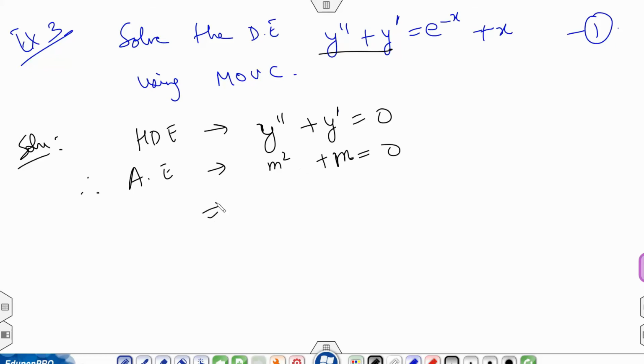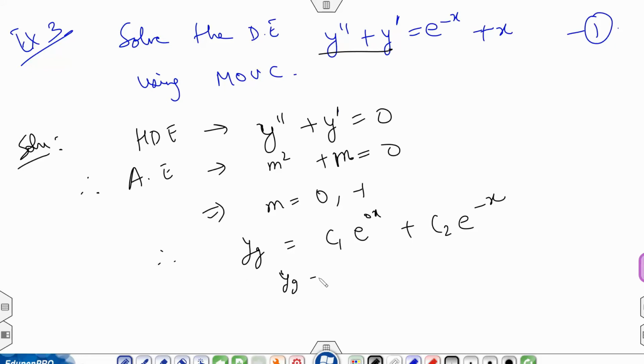This implies your m values are 0 and minus 1, and therefore the yg, that is the general solution, will be c1 e to the power 0x plus c2 e to the power minus x. So you can write yg as c1 plus c2 e to the power minus x. So this is our yg.